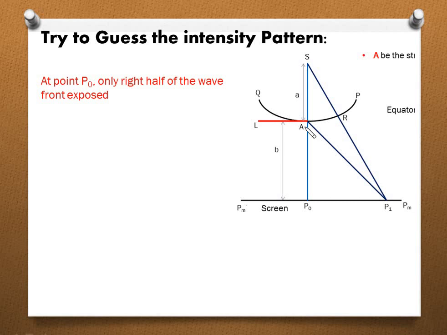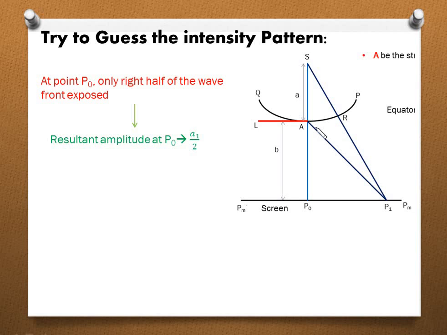So if you know the Fresnel theory of half period zone, then the amplitude at point P0 will be A1 by 2, and intensity will be the square of it, where A1 is the amplitude of disturbance coming from the first half period zone.